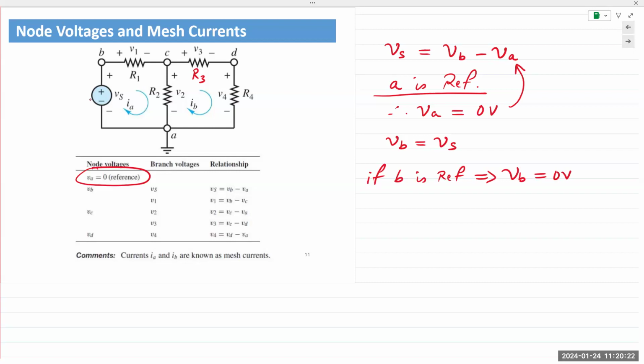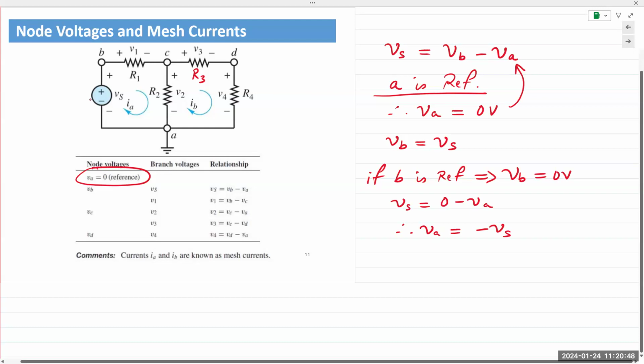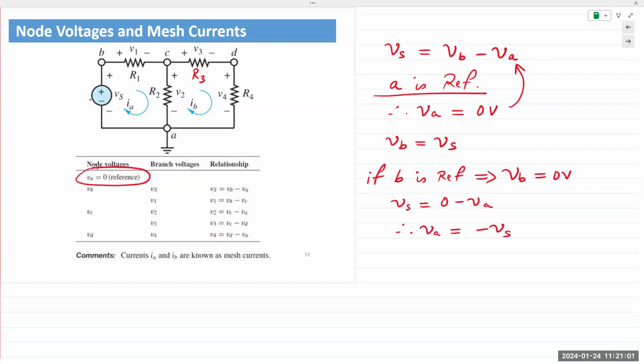And in that case, my equation would become Vs is equal to 0 minus VA, and therefore VA is equal to minus Vs. It's simply because B is my reference, B becomes 0 volts, but that doesn't change the fact that node A is at a minus with reference to B, lower potential than B. And so VA with reference to VB would be minus of VS. The magnitude remains the same, but my sign changes to indicate which is my reference node.